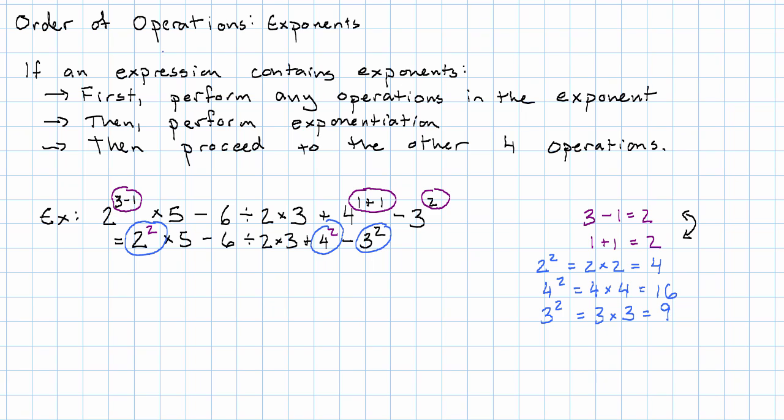So having worked out my exponents, I have 4 times 5 minus 6 divided by 2 times 3 plus 16 minus 9.